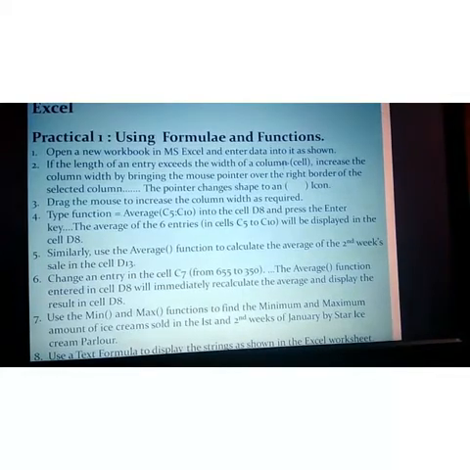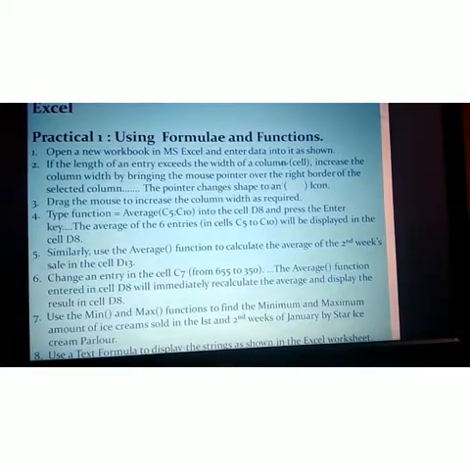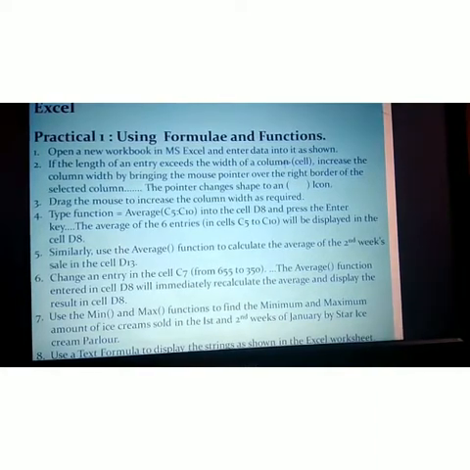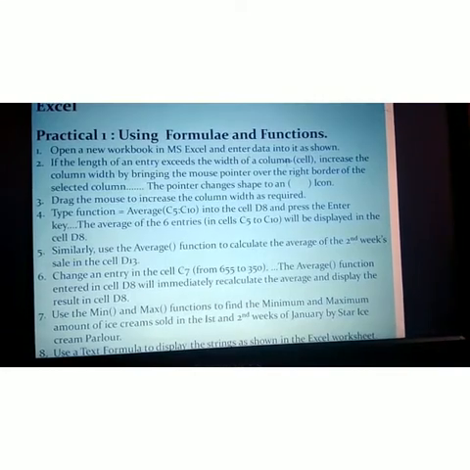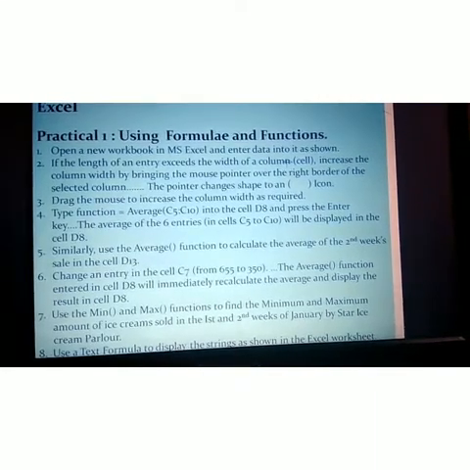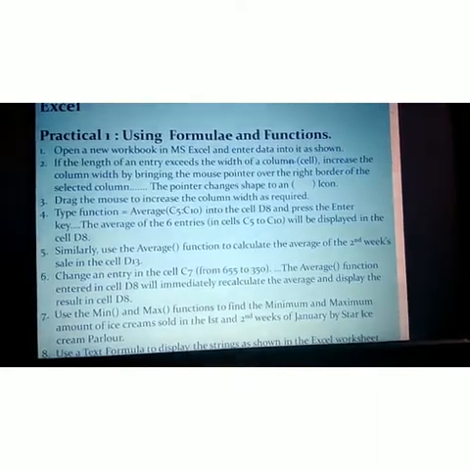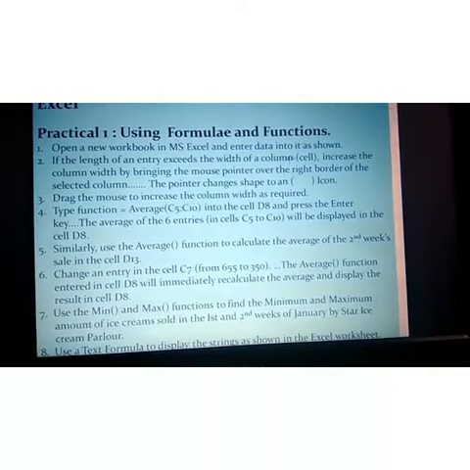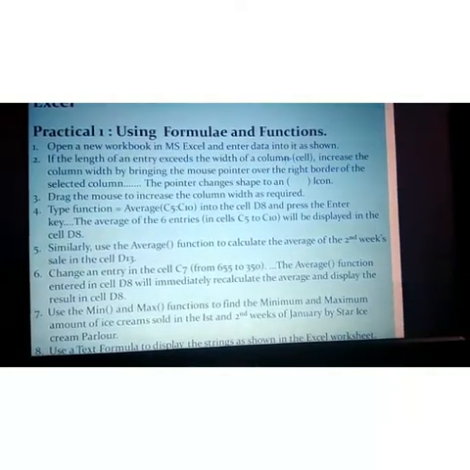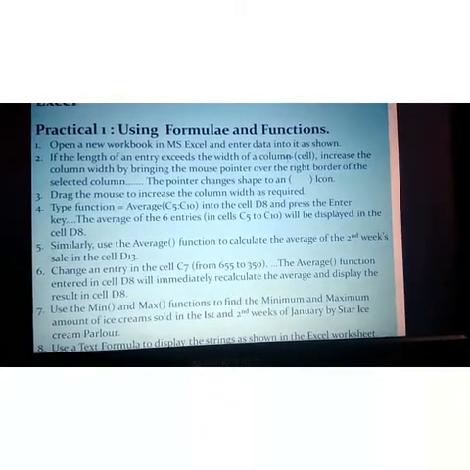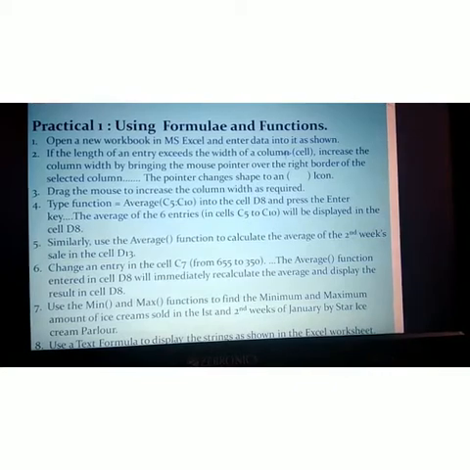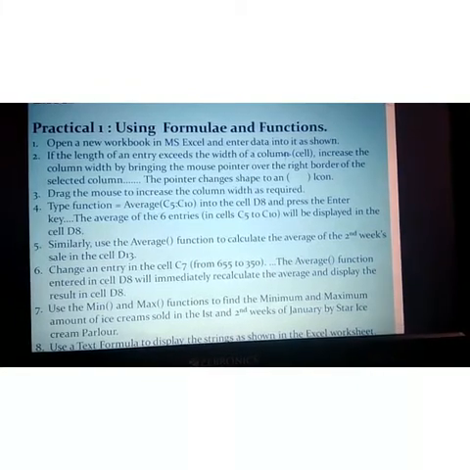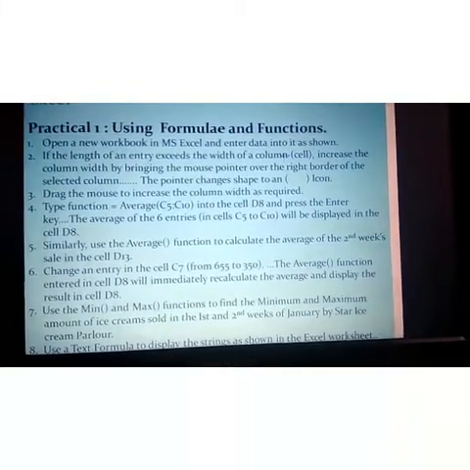Next, second, if the length of an entry exceeds the width of a column, meaning a cell, increase the column width by bringing the mouse pointer over the right border of the selected column until the pointer changes shape to an icon. Understand? So increase or decrease the width according to your data.